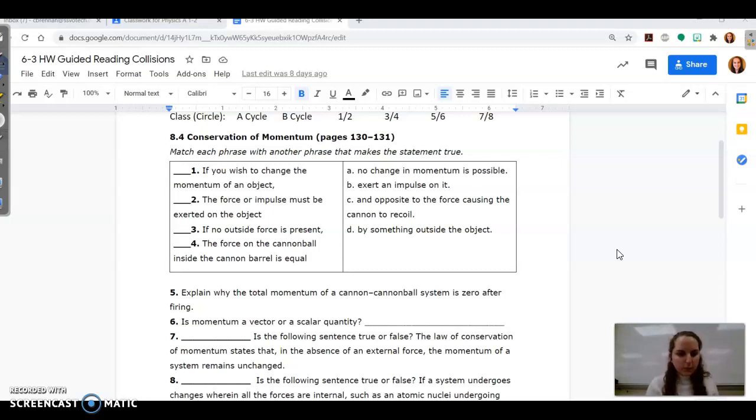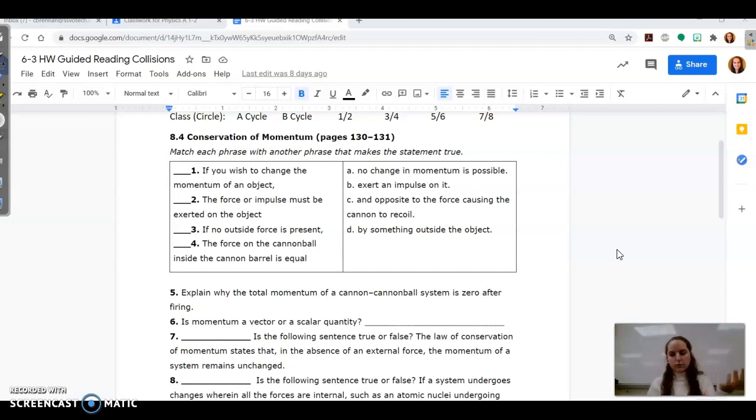Number two, the force or impulse must be exerted on the object from where? This force or impulse must be exerted from outside of the object, okay? Because we learned yesterday with conservation of momentum that if all of your forces are internal to your system, or that there's no external forces, then your momentum is conserved.